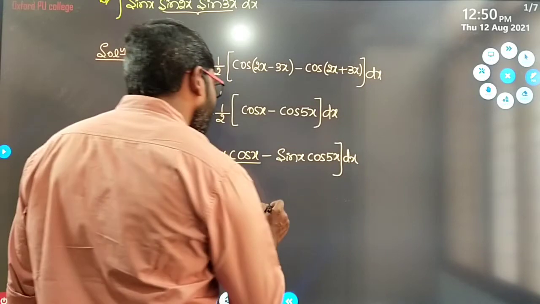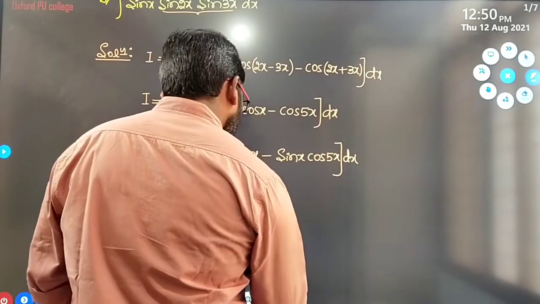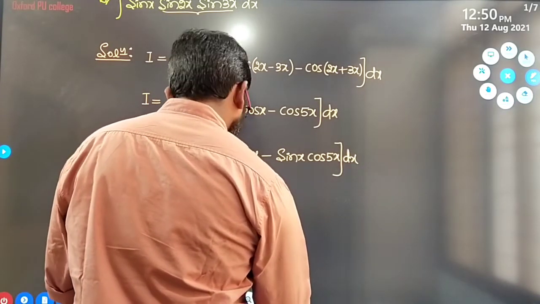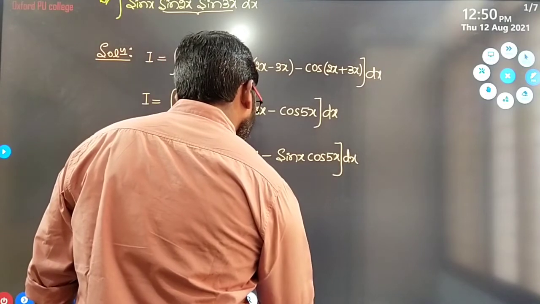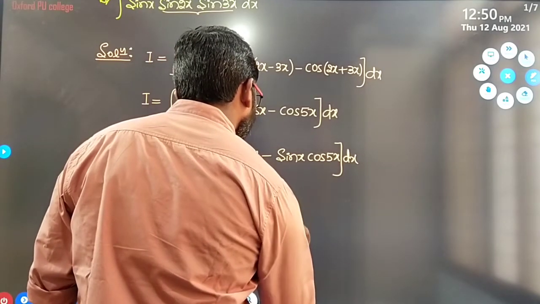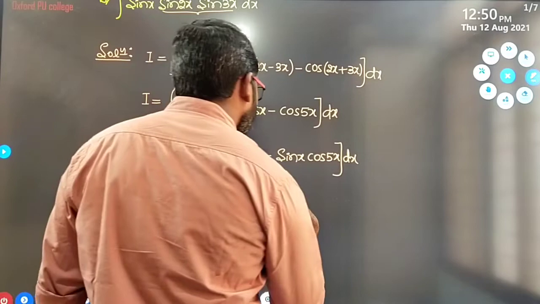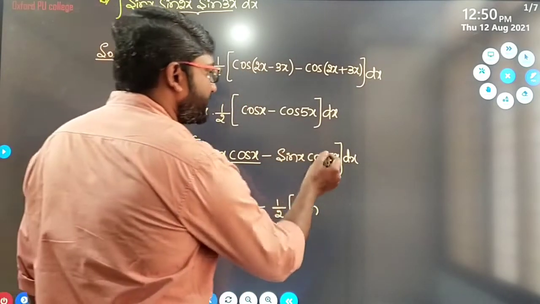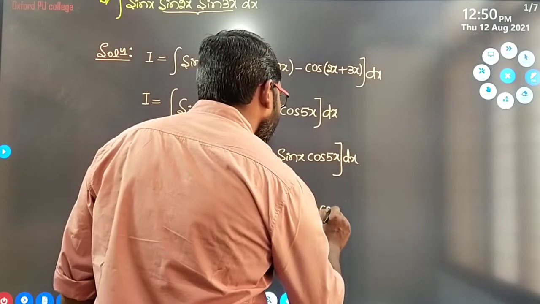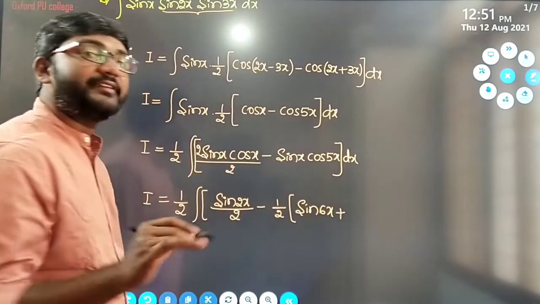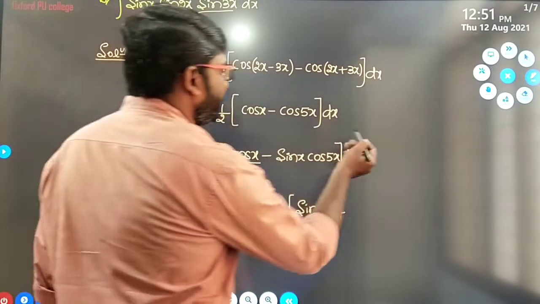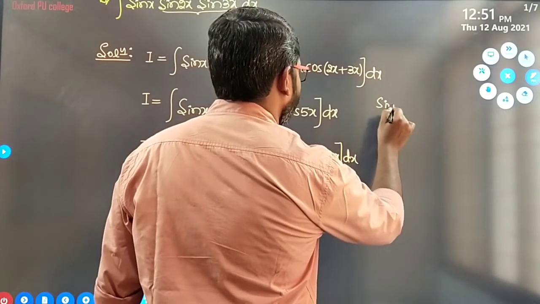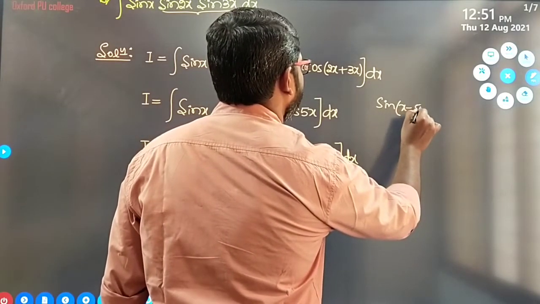So it is 1 by 2 into the bracket sin of A plus B, x plus 5x, it will be 6x, plus sin of A minus B. So sin of A minus B means we get sin of x minus 5x.